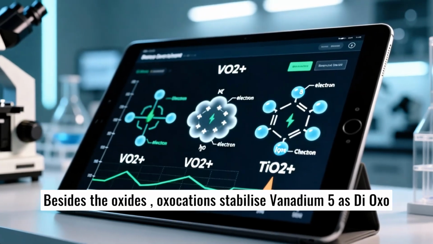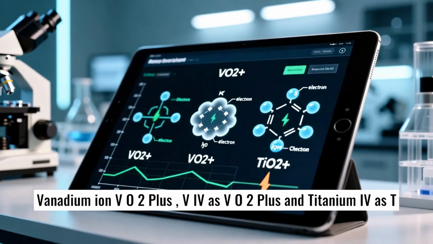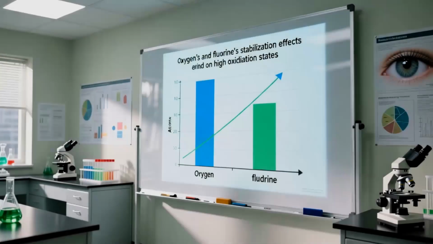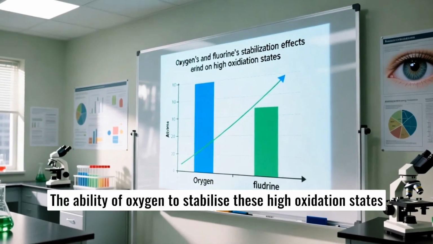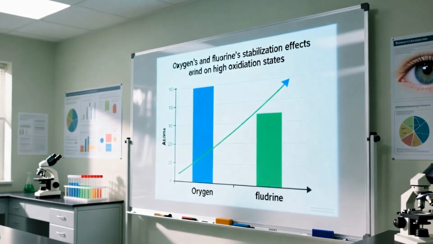Besides the oxides, the oxocations stabilize vanadium(V) as the dioxovanadium ion VO2+, V(IV) as VO2+, and titanium(IV) as TiO2+. The ability of oxygen to stabilize these high oxidation states exceeds that of fluorine.